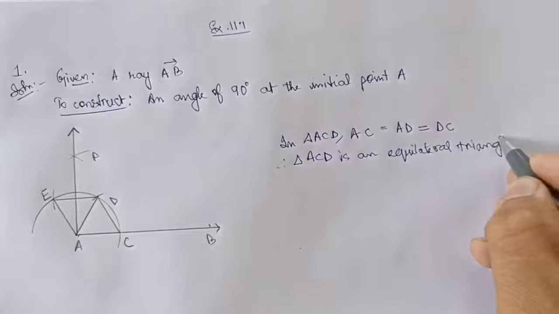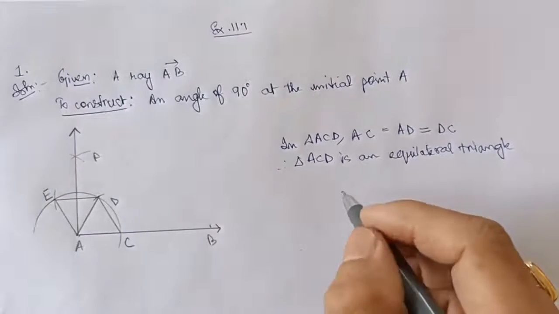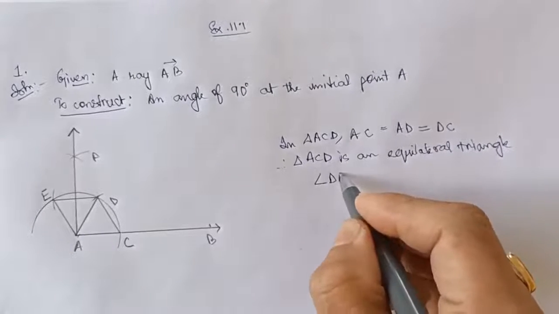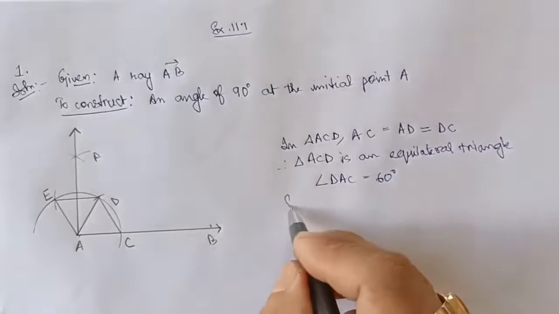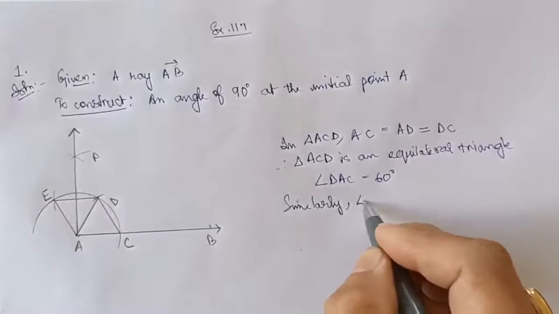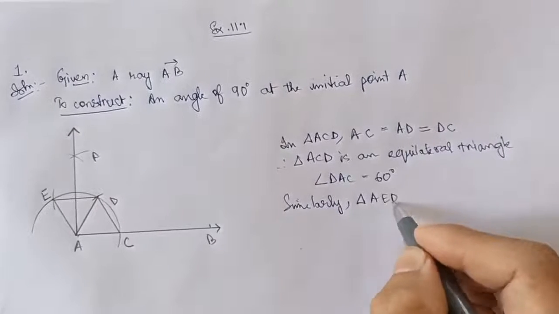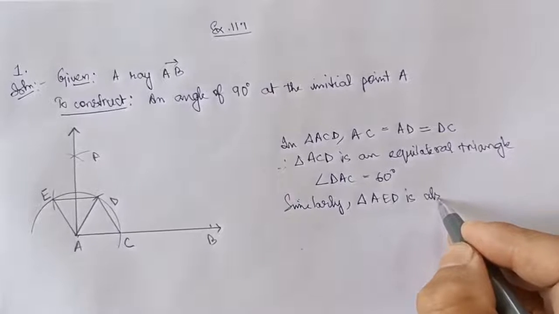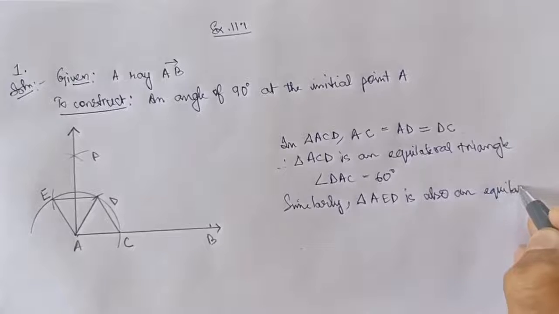Since it is an equilateral triangle, we know that the measure of all the angles of an equilateral triangle is 60 degrees. So therefore angle DAC is equal to 60 degrees. So similarly triangle AED is also an equilateral triangle.